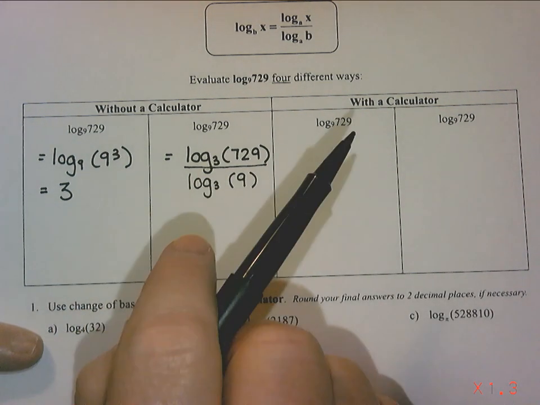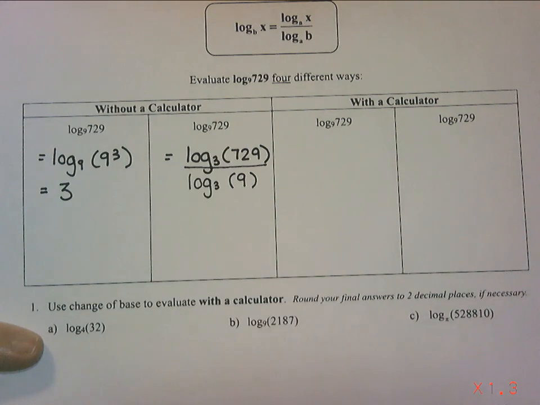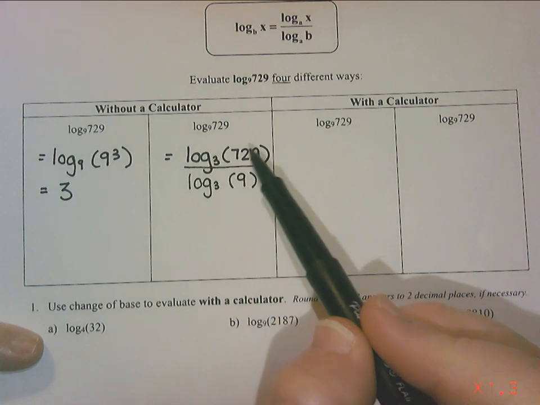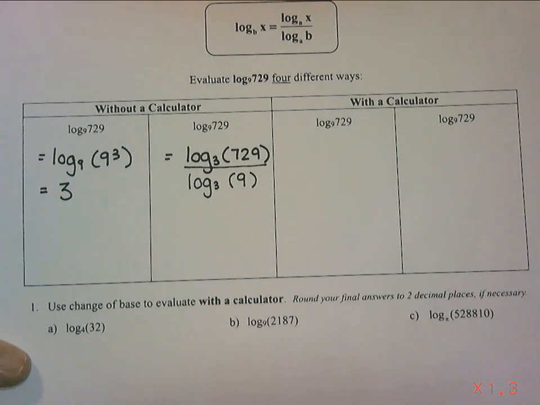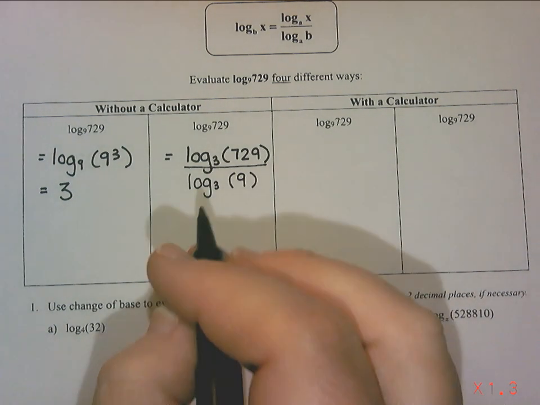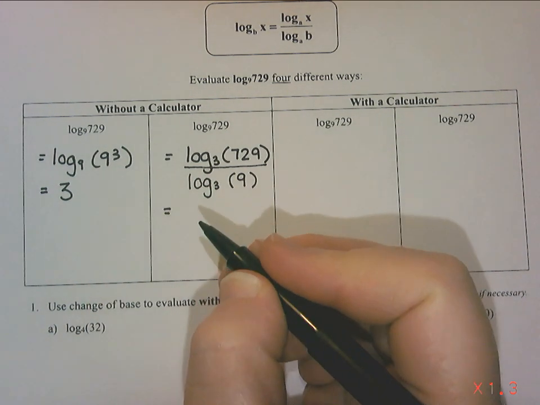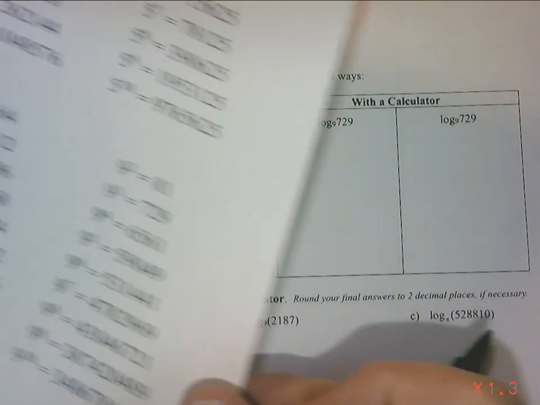This is that formula right there. You take log of your new base of the argument divided by log of the new base of the old base. All right, from here, I can use my power sheet to figure this out.